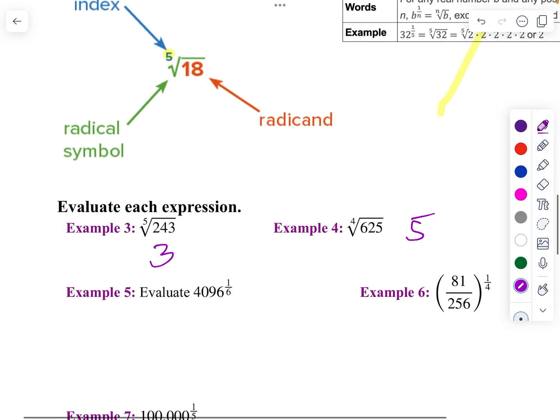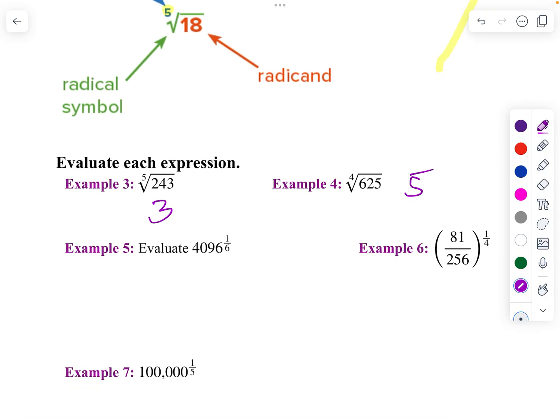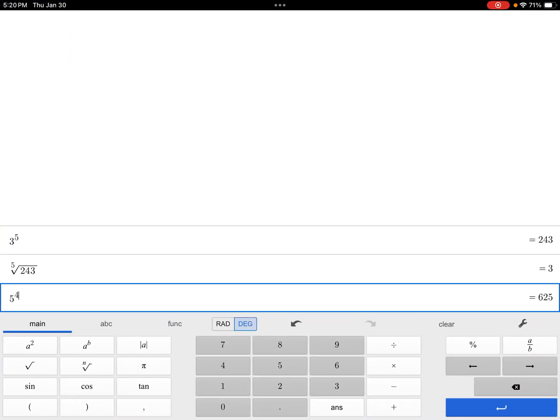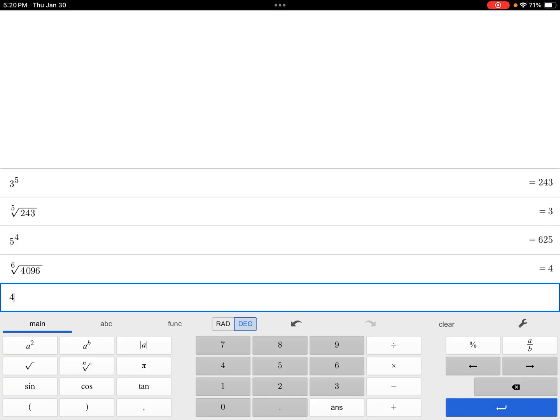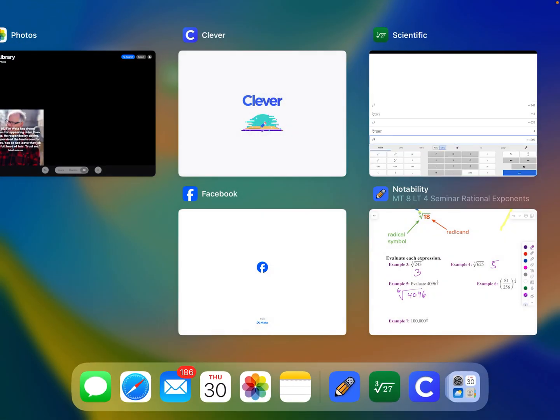Now, if I got 4,096 to the 1/6 power, that means I'm going to find the 6th root of 4096. That's a little bit bigger, isn't it? So let's do some guessing and checking, or just use our calculator. The 6th root of 4096 turns out to be 4. And if I take 4 to the 6th power, just to show you, I get 4096. So my answer is 4.